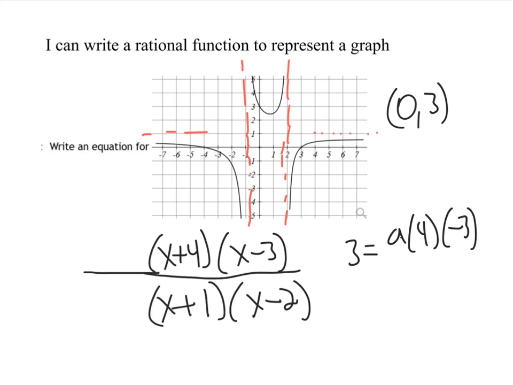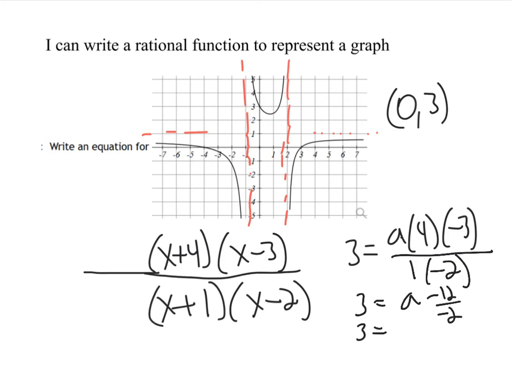Do you see what I'm doing here? I'm just replacing x with 0. So 3 equals a times 4 times negative 3 over 1 times negative 2. So that becomes 3 equals a times what? Negative 12 over negative 2, which I hope you realize is 6, right?